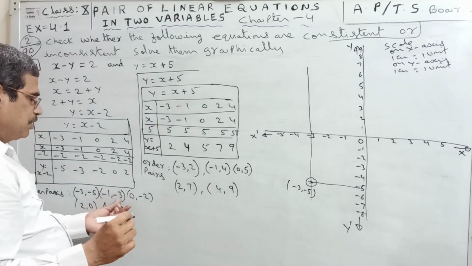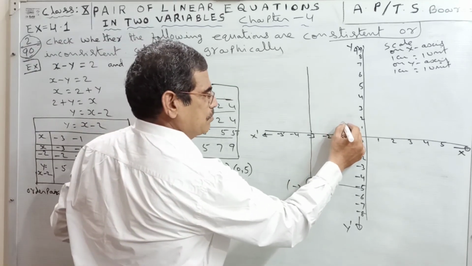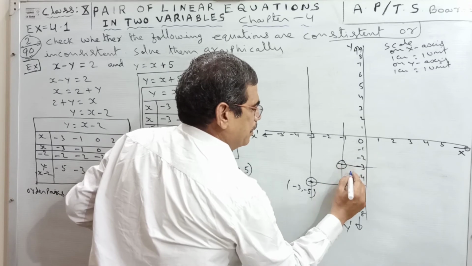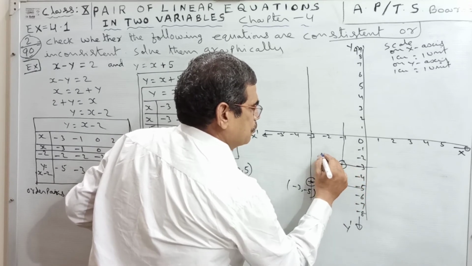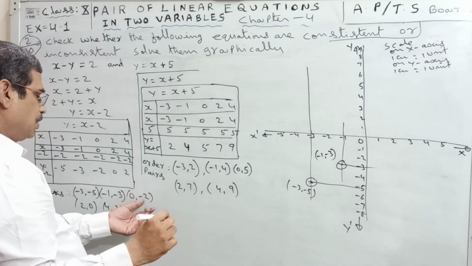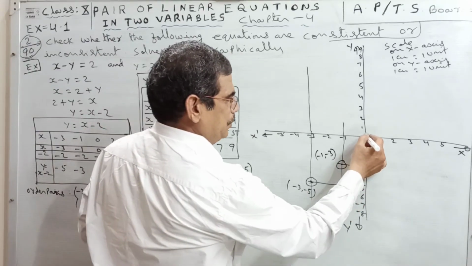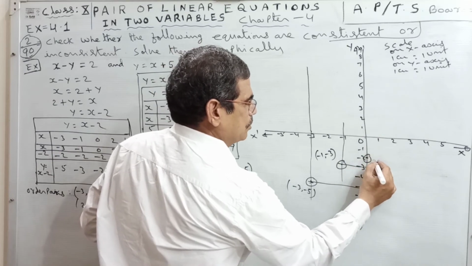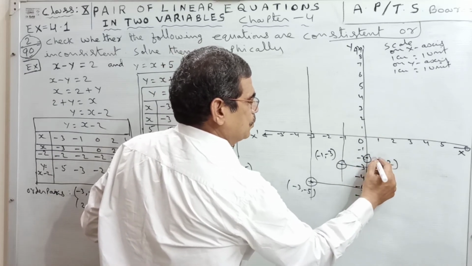Second point -1 comma -3. This is the -1 line, the -3 line. So this is our point -1 comma -3. Third point 0 comma -2. 0 means this line, -2 means this one. So this is 0 comma -2.